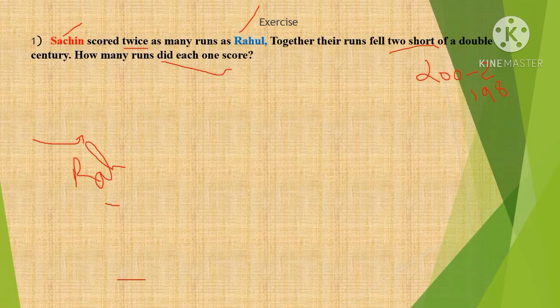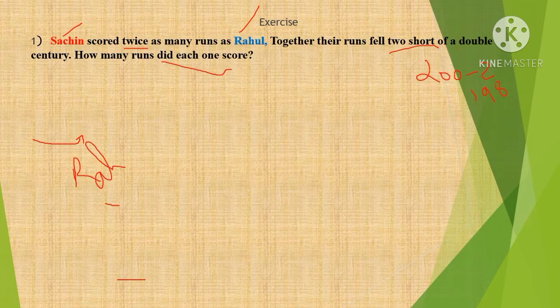So what is the total runs? 198. So you got one side of an equation. So how many runs did each one score? So we want to find out Rahul's run separately, Sachin's run separately. Together, Rahul's runs plus Sachin's runs, we are getting 198. We want to find separate scores for them.